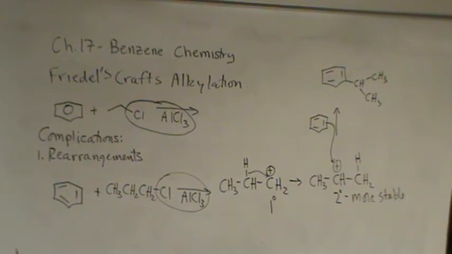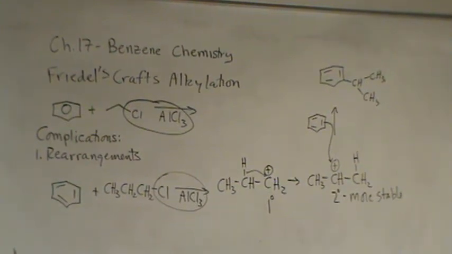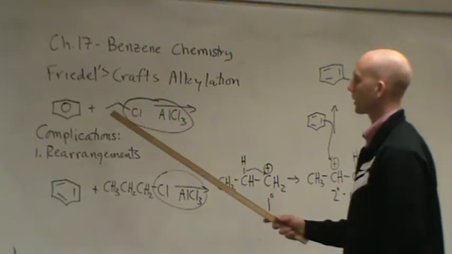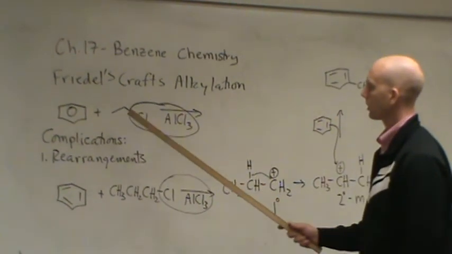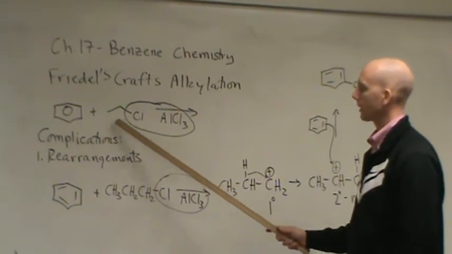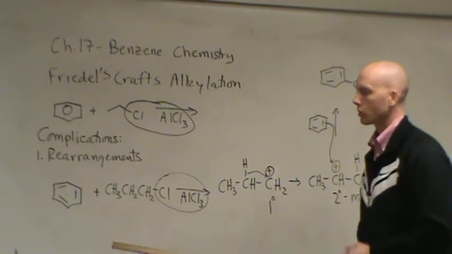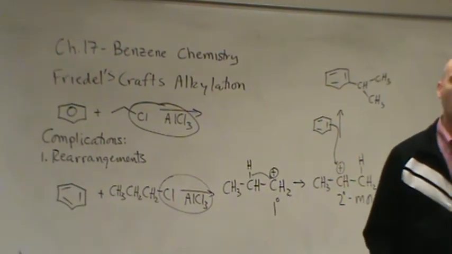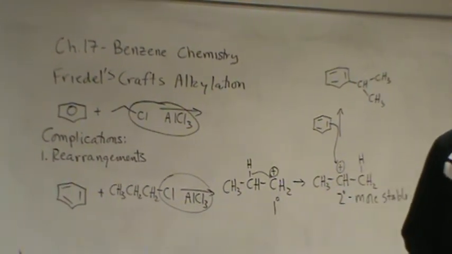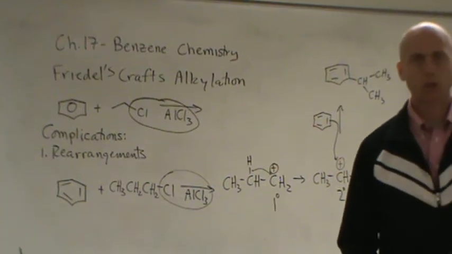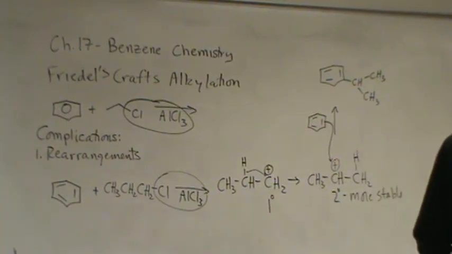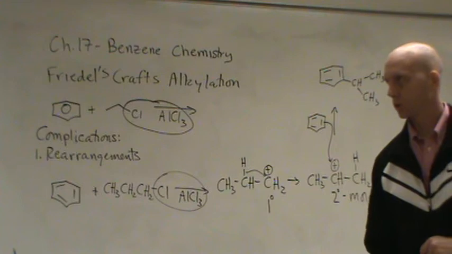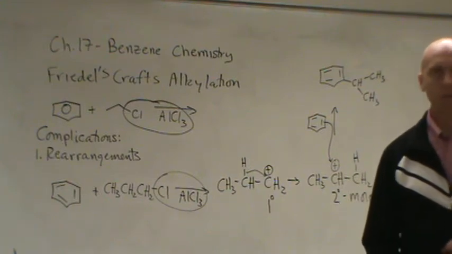So this is the first complication you always have to be aware of. When you see a Friedel Crafts alkylation, before just adding on the alkyl group, check to see if a carbocation rearrangement can occur. Always check that first, just like when you cross the road, you always look to the right and to the left before you cross.